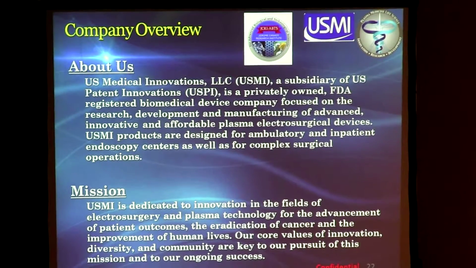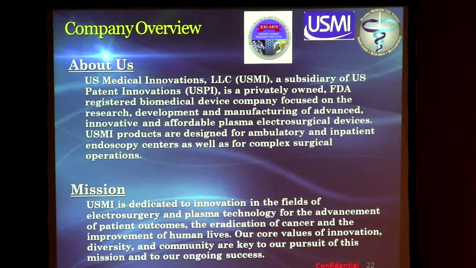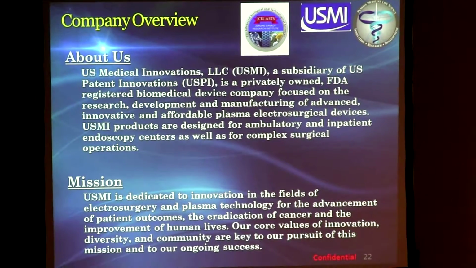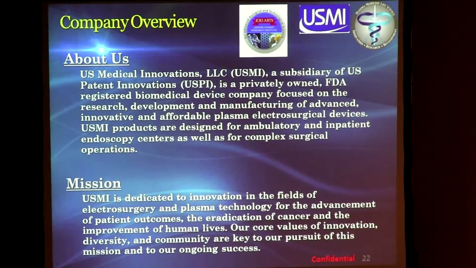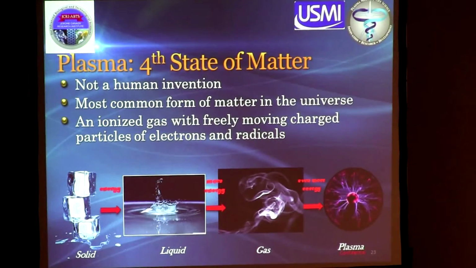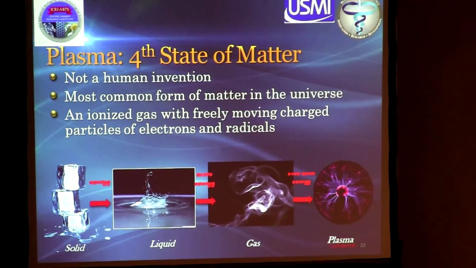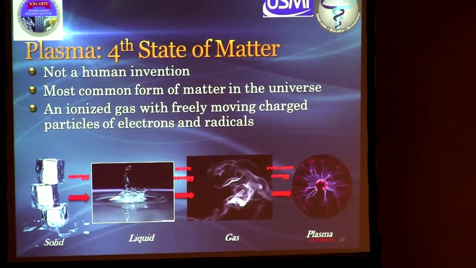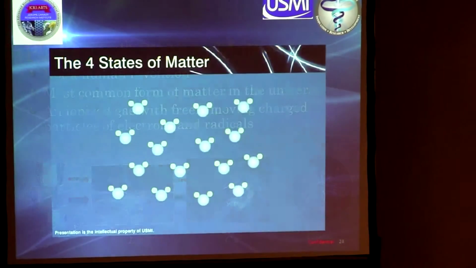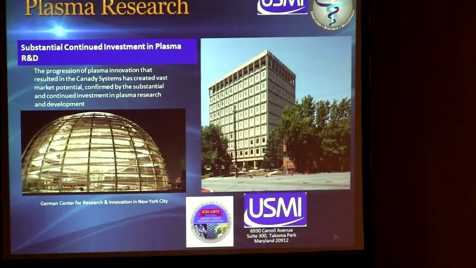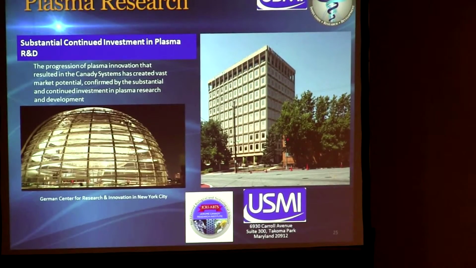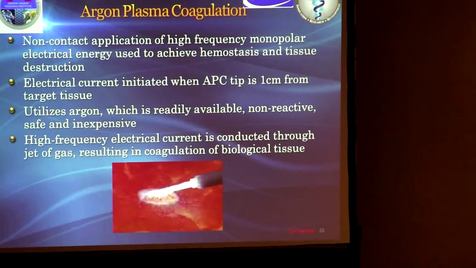Well, to tell you in brief about the company that I work for, this is a medical device company which uses plasma technology. Plasma is the fourth state of matter. This is the company that is located in Takoma Park, Maryland.